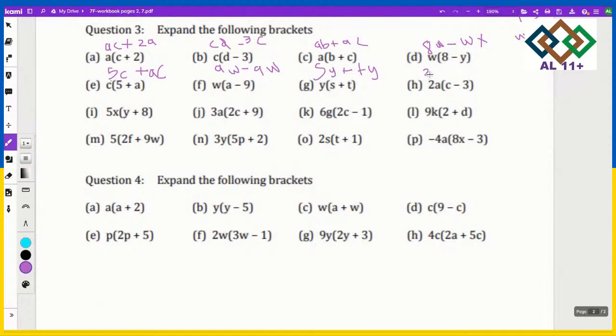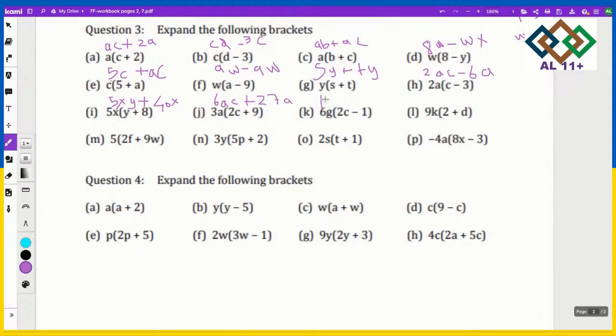Then you have 2AC minus 6A. Then you have 5XY plus 40X. Then J would be 6AC plus 27A.